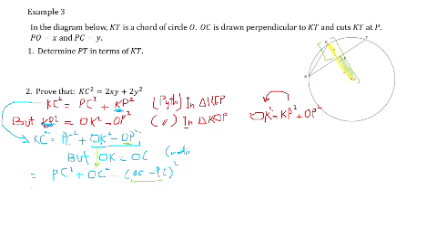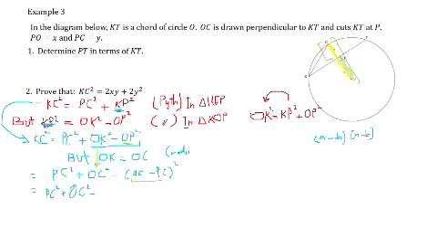In the next step we are going to say that PC squared plus your OC squared minus, so if you look at this part, this is similar to the algebraic expression which says A minus B times A minus B, right?